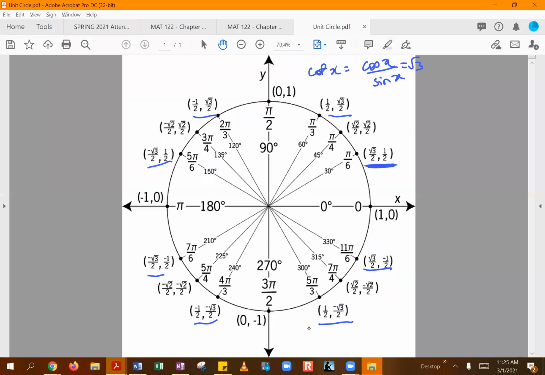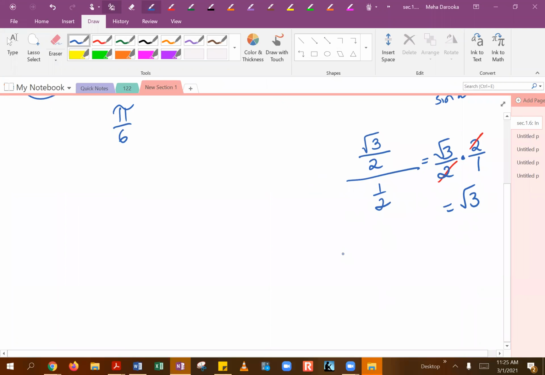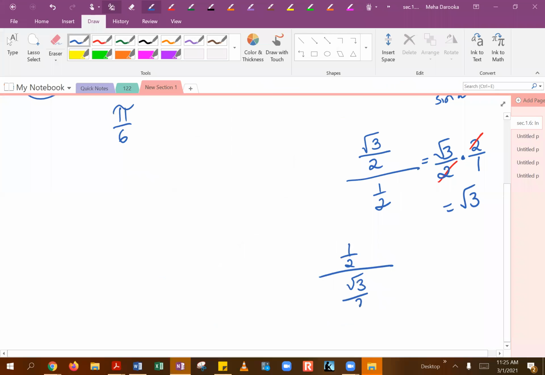Now, if you try the same calculation with this angle over here, pi over 3, it's not going to work out, because we are taking 1/2 for the cosine and dividing it by square root of 3 over 2 for the sine function. Then division changes to multiplication, and you invert the second fraction, which becomes 2 over square root of 3. The 2's cancel out, leaving us with 1 divided by square root of 3.